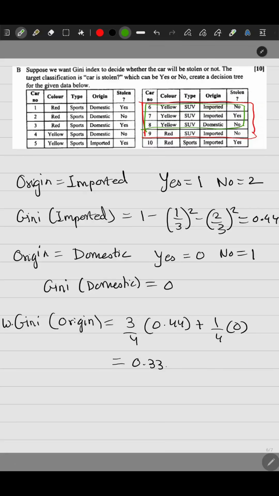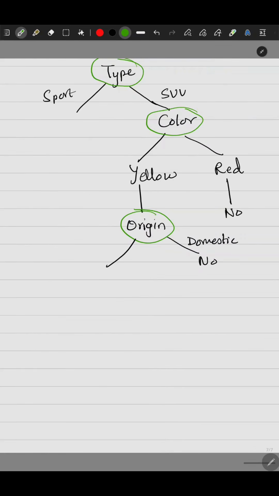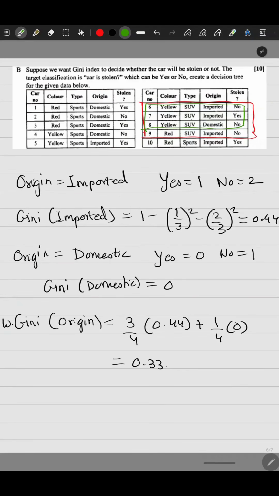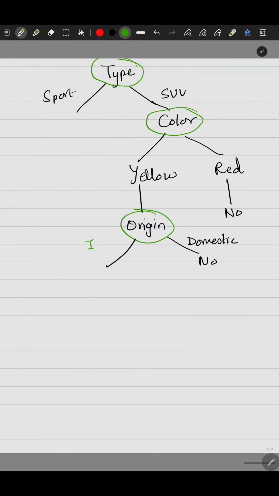If it's imported, it's okay. And for imported now we have two values.